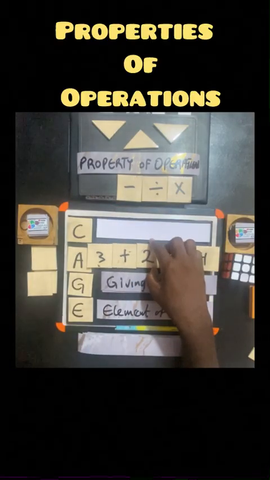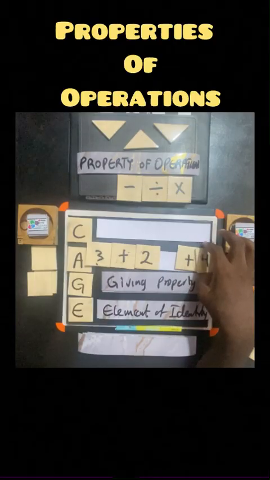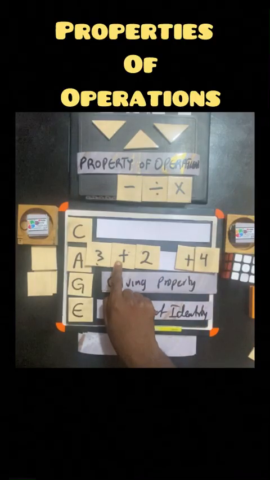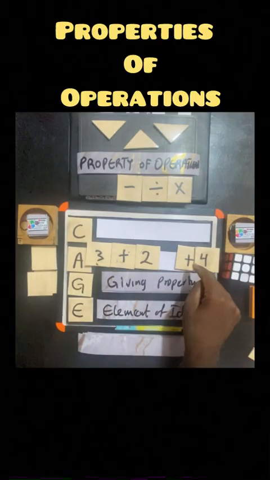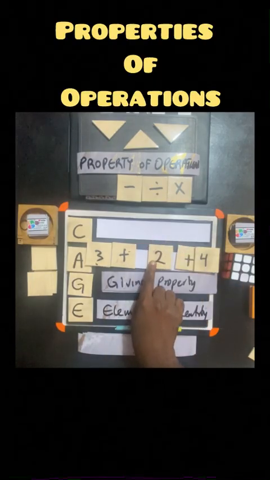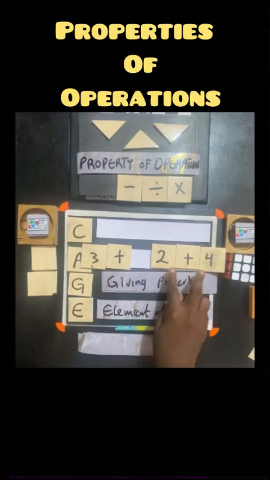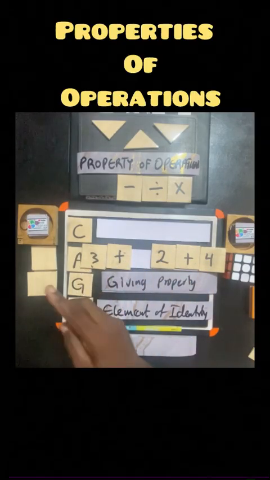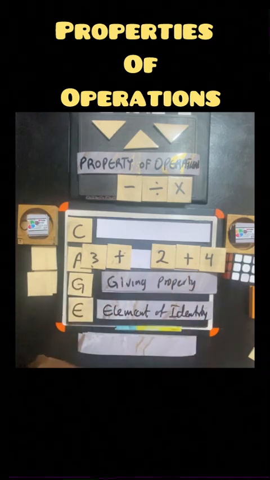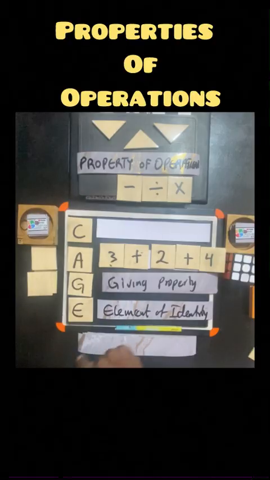If we have 3 plus 2 computed first, before working out 4, what answer do we get? 3 plus 2 gives us 5, add 4, that gives you 9. What about if we rather work the last 2 first before adding up? The last 2, that's 6 plus 3, that is 9. So see, the answers are the same on both sides. So addition is associative.